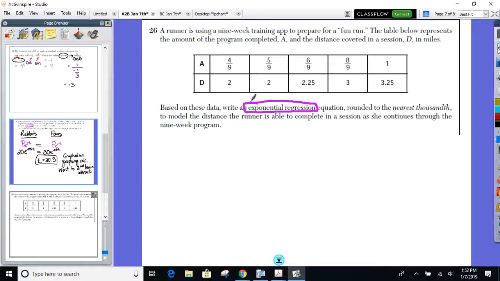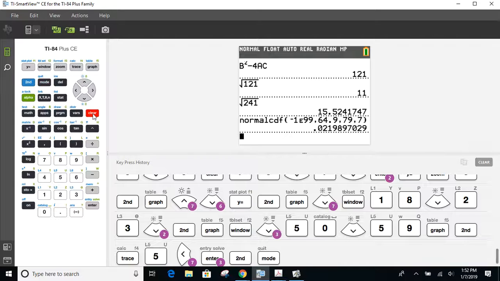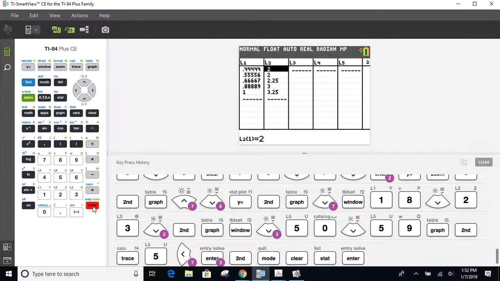First thing you need to do, wild guess where all these numbers are going to go. Into a list. You got the first half taken care of. So somebody remind me, I've never been in this class before. How do I get to a list? Second stat. Stat, edit. If something's in there, clear it out by highlighting the list and pressing clear, enter.